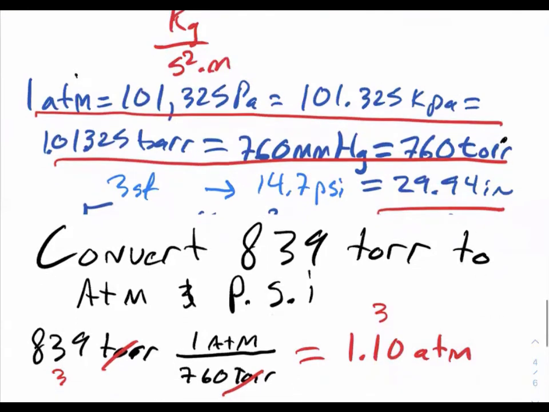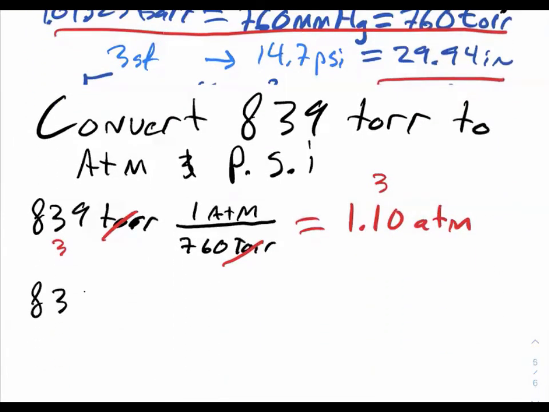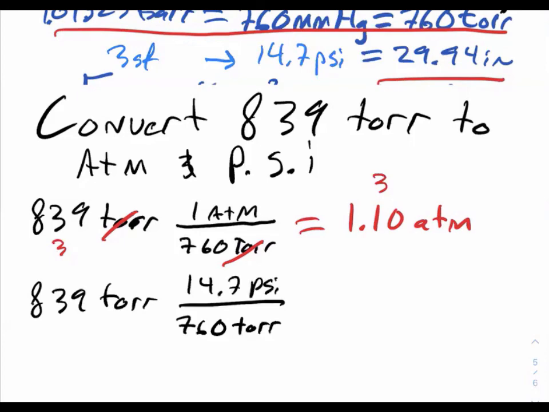Let's convert it to PSI. So 839 torr, and my conversion factor now is 760 torr is equivalent to 14.7 PSI, right? And now this is 3 sig figs, but also the PSI is 3 sig figs. My answer still needs to be 3 sig figs.